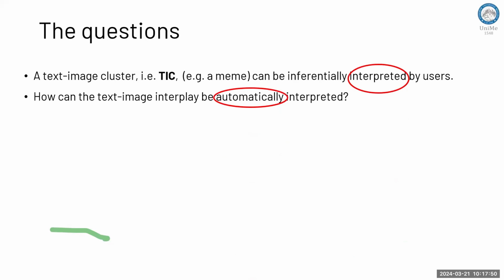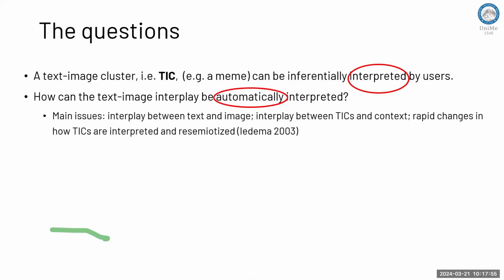The question here is automatic interpretation. The main issue is the complex interplay between text and image, and I'll give you some examples of these. Also the interplay between text image combinations or clusters and context, because as you may well imagine, these different combinations may be received very differently in different cultures and even in different groups of people.